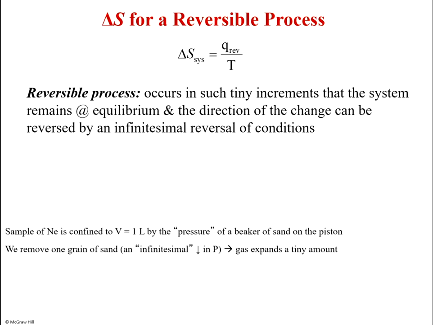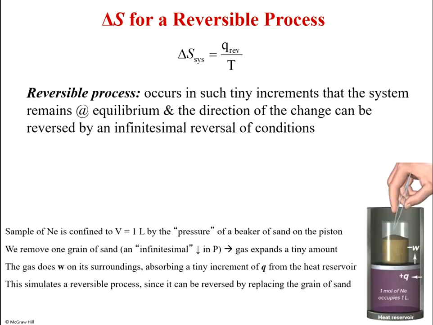Here's an example where we have a sample of neon gas contained in a 1-liter vessel. Here you can see the lower half of the vessel in the lower right-hand corner contains our neon gas, and we create pressure with a piston. The pressure is created by a beaker filled with sand that sits on top of the piston.